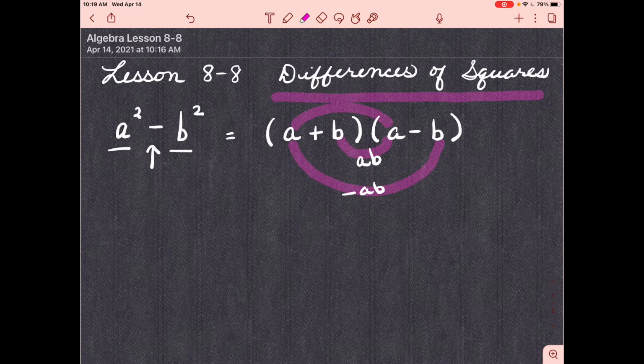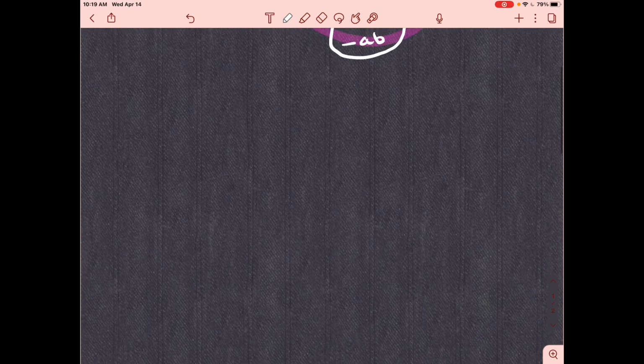And then b times negative b gives us a negative b squared. So what happens is this outer and inner part cancels, and so we end up with a squared minus b squared, not a trinomial, but a binomial instead. So let me show you some examples.